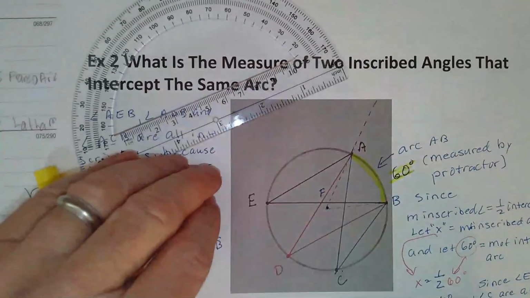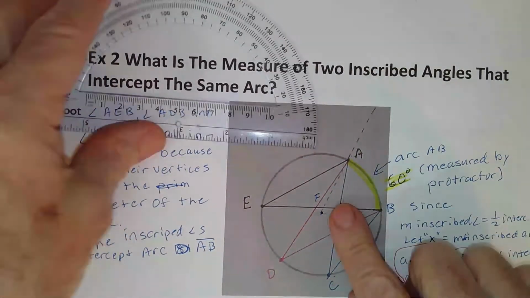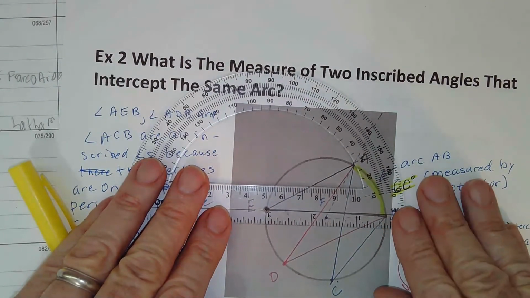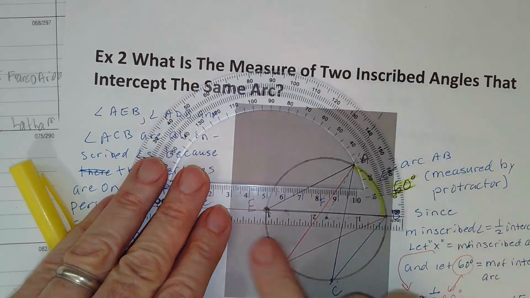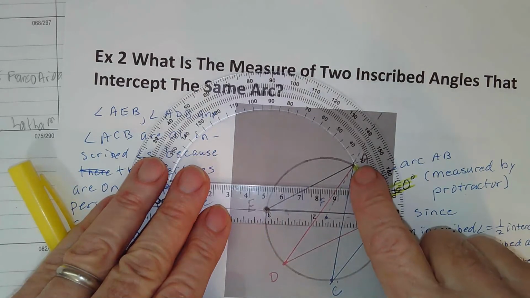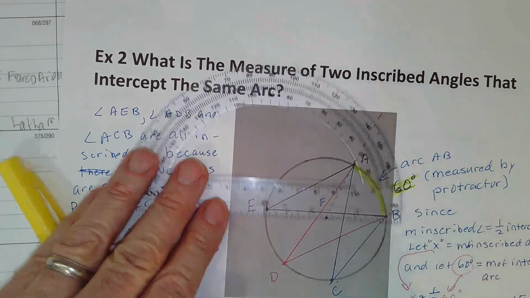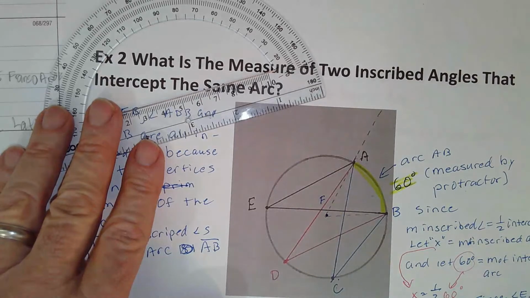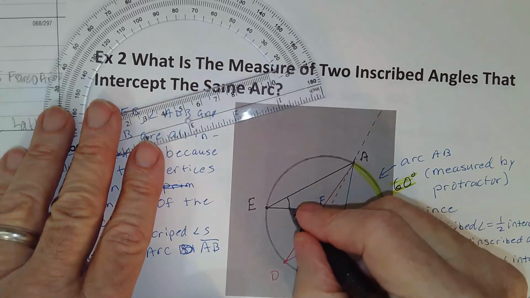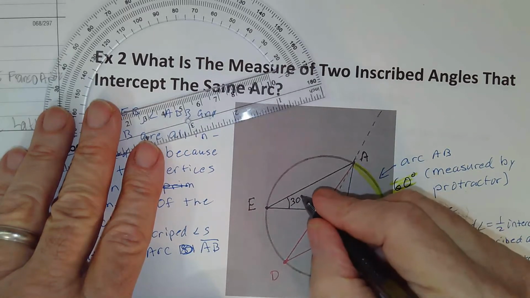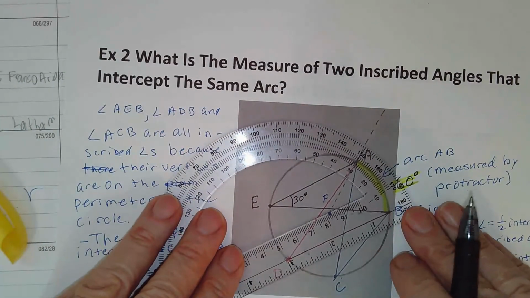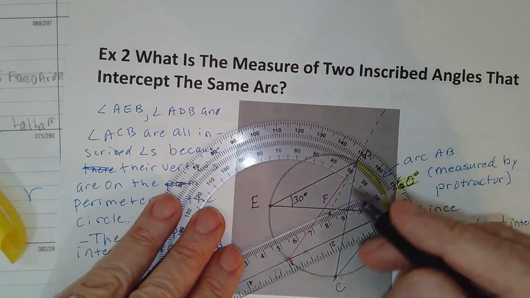Now, you don't believe me? Well, again, I was trying to be very accurate, very careful. Let's look. I'm going to put my little cursor over the vertex E, and you'll notice that the angle terminates right at 30 degrees. So that's obviously 30 degrees. And angle D here, same thing, 30 degrees.